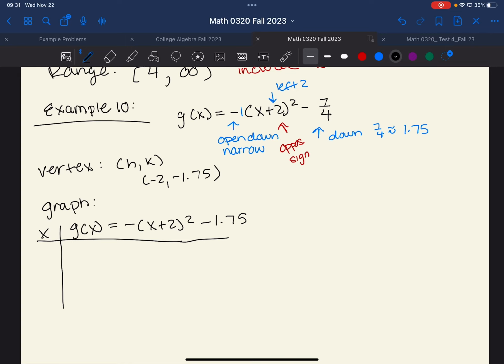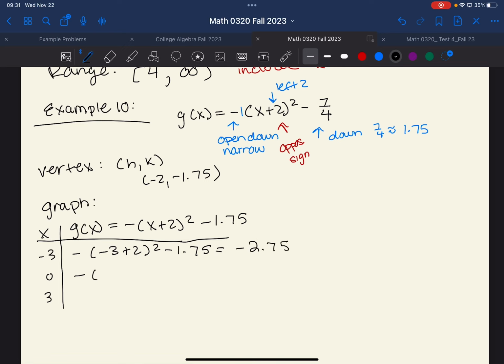So I'm going to go ahead and try negative 3, 0, 3. So then I have negative parentheses negative 3 plus 2 squared minus 1.75. Okay, negative 3 plus 2 is negative 1. Negative 1 squared is positive 1. But we have another negative there, so this is negative 2.75.